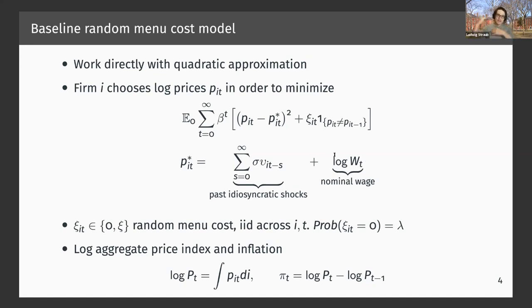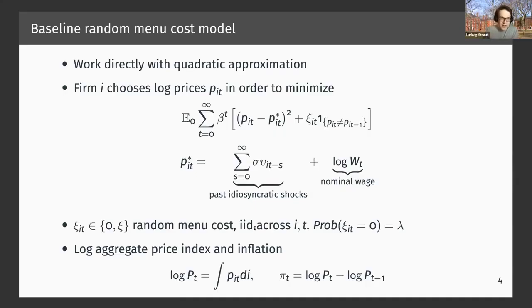And once every firm optimizes, we get out a path of prices. So this is a mapping from a given path of nominal wages that we feed in to a given path of nominal prices that come out. And this relationship is what we're going to use in a second to compute the Phillips curve.